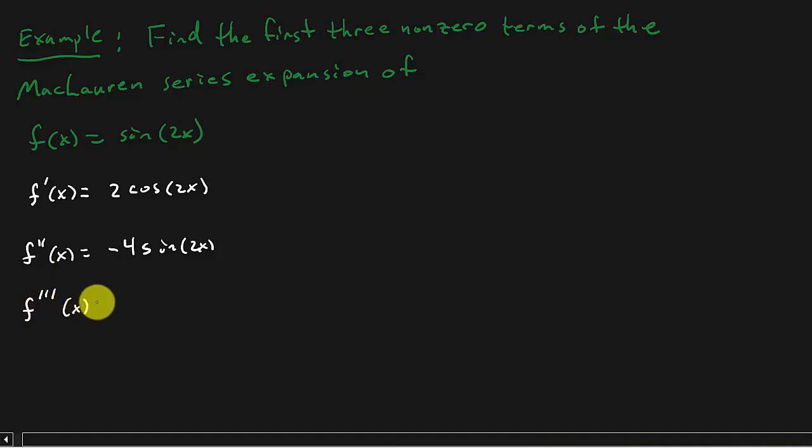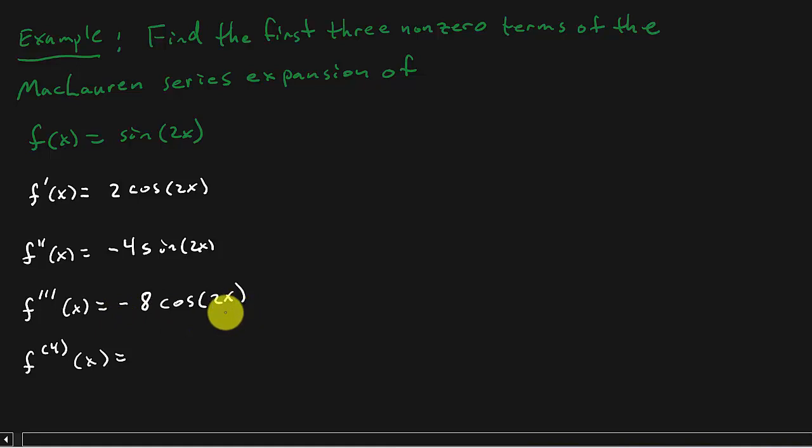F triple prime of x is equal to, well, the derivative of sine is cosine times 2, times the derivative of what you're taking the sine of. So that's going to be negative 8 cosine 2x. And then the fourth derivative, the derivative of cosine is negative sine, so the negative and negative is going to make a positive.